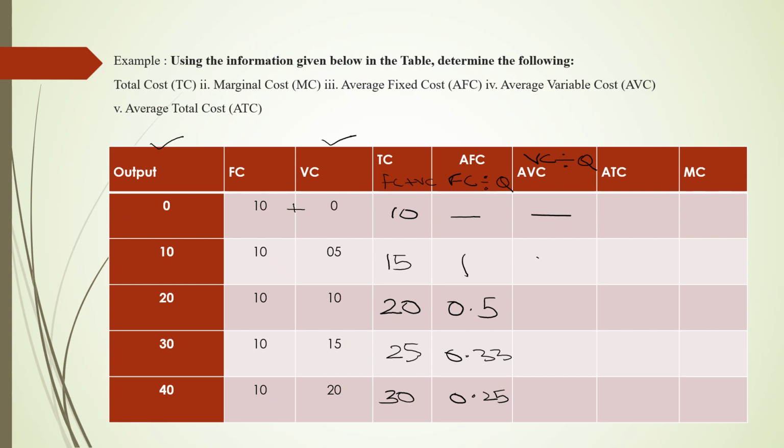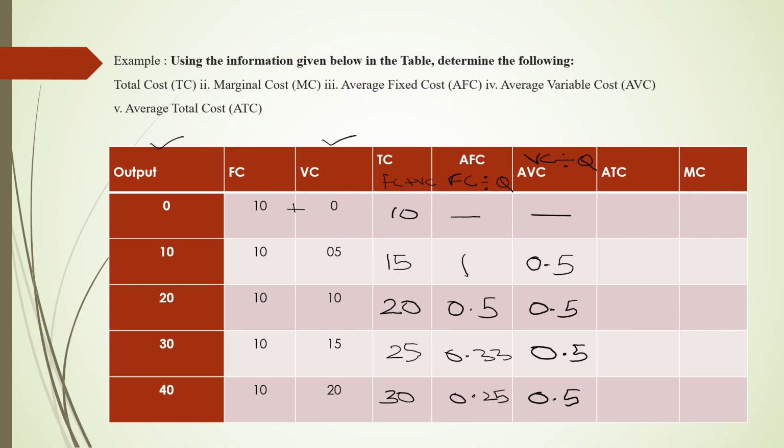It will come to 0.5. Again variable cost is 10 divided by 20, we get average variable cost 0.5. Again 15 divided by 30, we get 0.5. Again 20 divided by 40, the variable cost is 0.5.